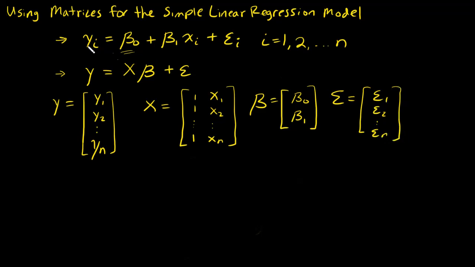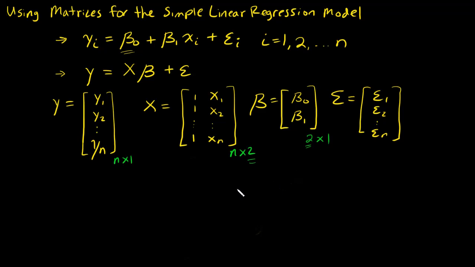So let's talk about the size of each of these vectors and matrices. The first vector is n by 1, so our sample size by 1. The design matrix is n by 2. Since we have 2 columns and X is being multiplied by beta, beta needs to match, so it is 2 by 1.